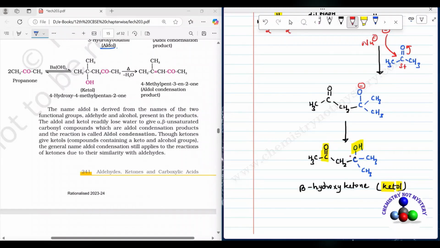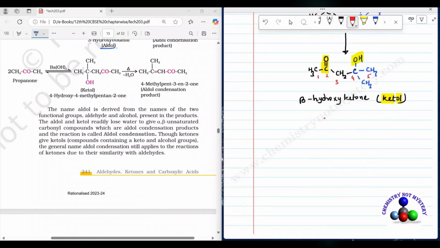Now write the IUPAC name of this molecule. First of all, count the number of carbons present in the longest carbon chain. So when you start numbering from here, 1, 2, 3, 4 and 5. So there are 5 carbons in the parent chain. The OH group is bonded to the 4th carbon and there is one methyl substituent which is also bonded to the 4th carbon.